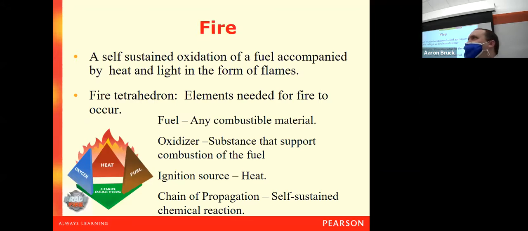So now that we've discussed the nuts and bolts of the combustion reaction, let's talk about fire. Within fire, what we have is a self-sustained oxidation. That is, the reaction is occurring, and not only is it occurring, there's enough of it occurring that it continues to feed itself. The reaction continues to go and go, and we end up having a fire that builds and burns and burns.